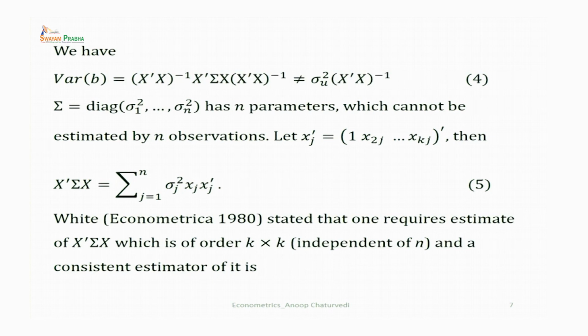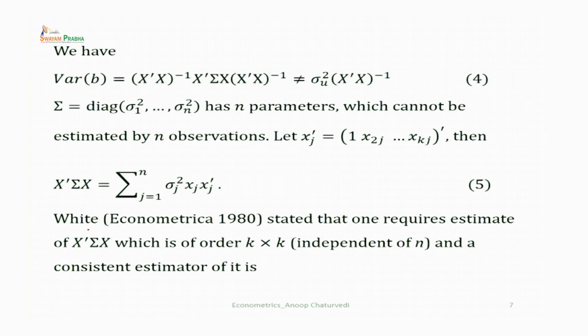Now, suppose we write x_j transpose equal to say (1, x2j, so on xkj) transpose. Then x transpose sigma x is equal to summation j equal to 1 to n sigma_j square x_j x_j transpose.